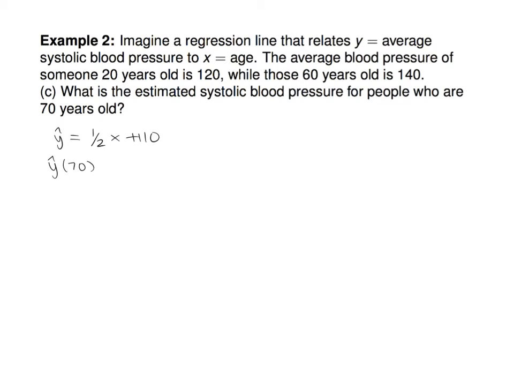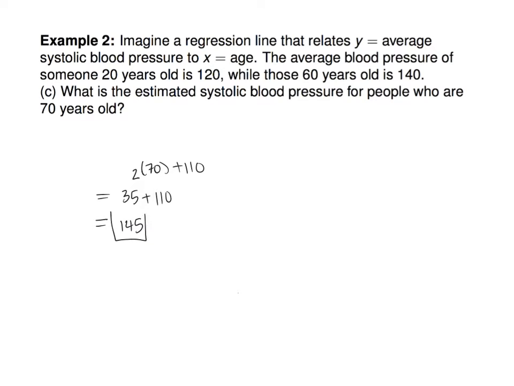So y hat of 70 is half times 70 plus 110. So half of 70 is 35. 35 plus 110 is 145. So on average, 70-year-olds have a systolic blood pressure of 145.